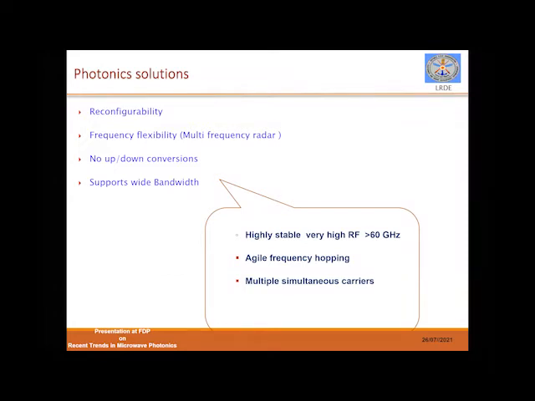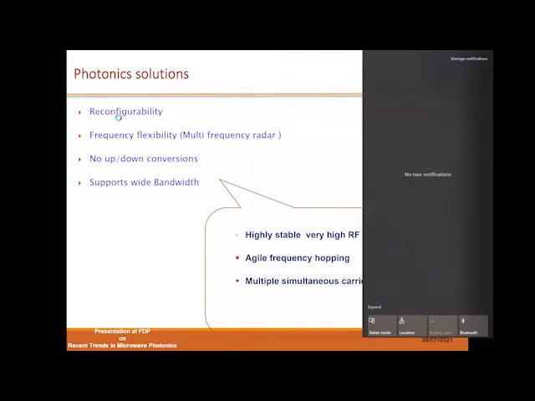And here what happens is, concurrently from the same output itself I can generate an RF S band signal, an RF X band signal, an RF K band signal. The only thing is, I have to give the outputs of these signals to different front end antennas.